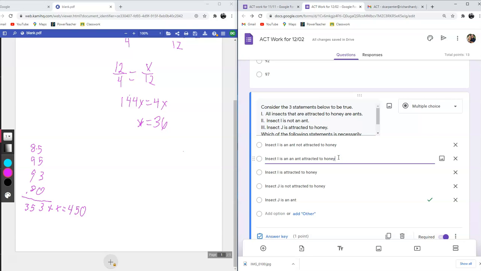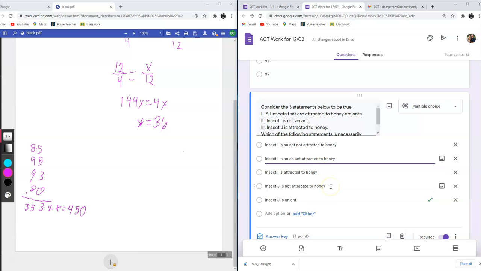Insect I is an ant attracted to honey. Well, we know that insect I is not an ant, so it can't be that one. Then we say insect I is attracted to honey. Well, it wouldn't be an ant.